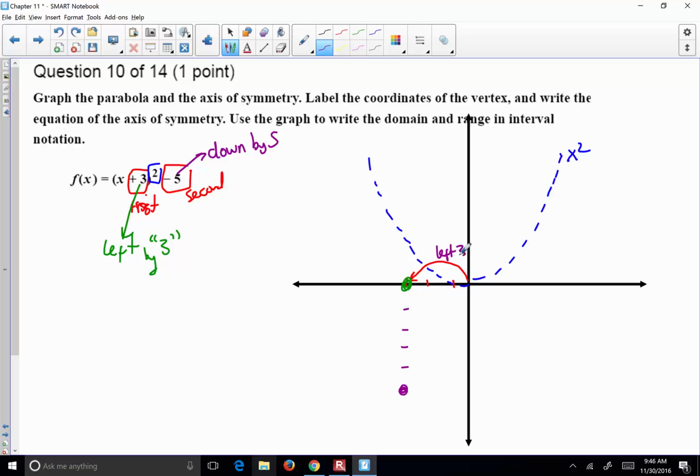Left 3, and then down 5. Look, this is your new seed. There are two sprouts. Is this going to flip upside down or something? No, there is no negative sign in front. So there are two branches popping up from here. And make them.